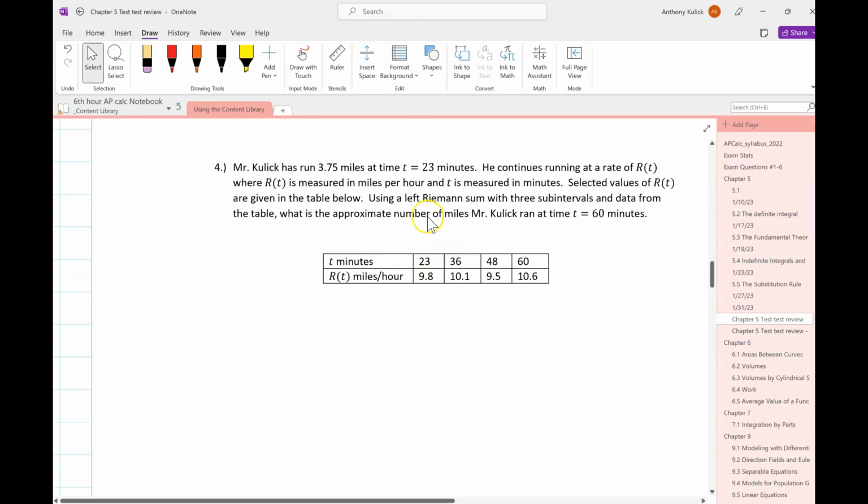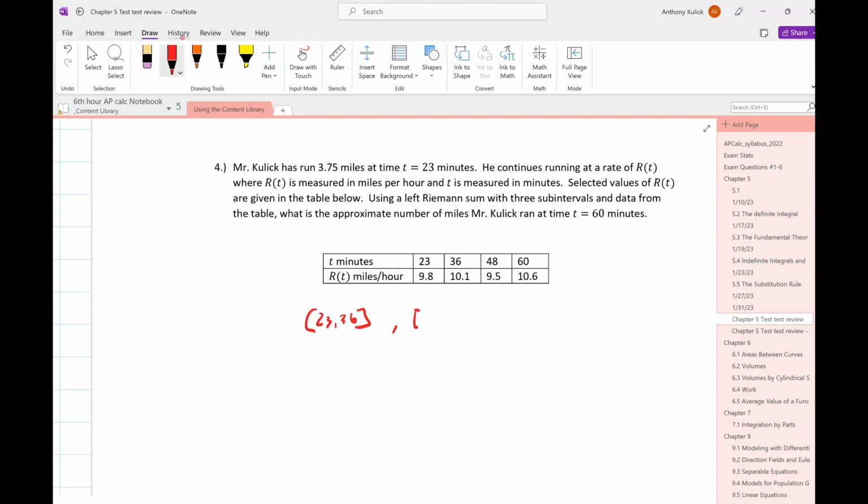All right. So it asks for a left Riemann sum. So I'm going to make an interval from 23 to 36.